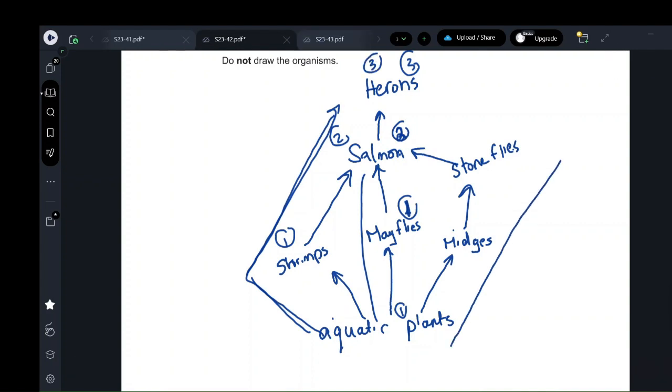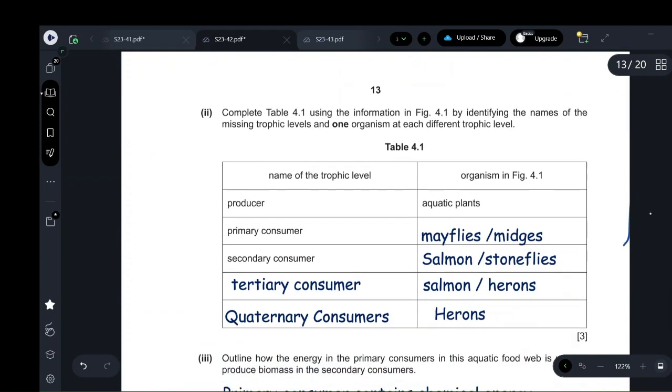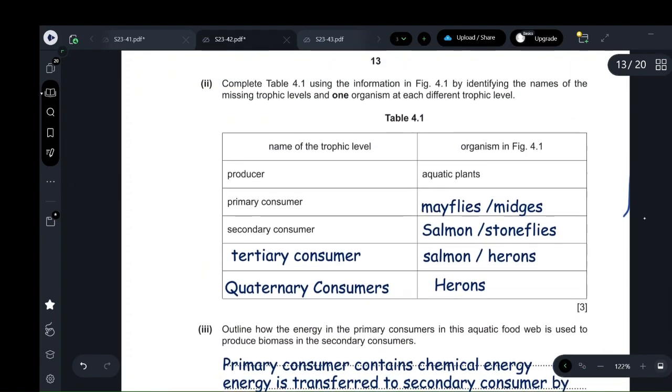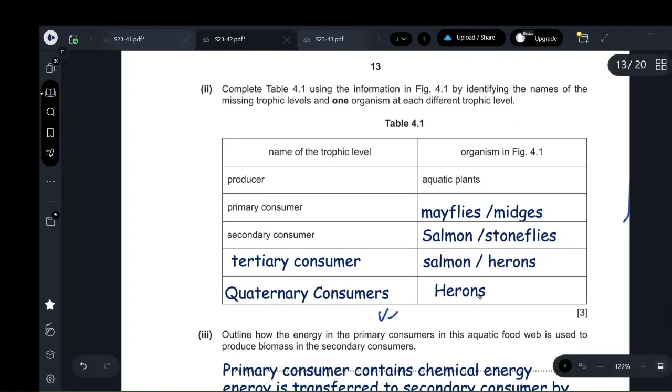If I follow this food chain, plants is the producer, midges is the primary consumer, stoneflies is the secondary consumer, salmon is the tertiary consumer, herons is the quaternary consumer. So when he asks which organism is the quaternary consumer, it will be the herons.